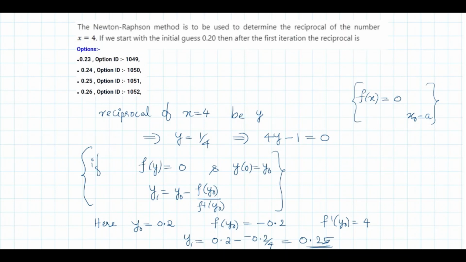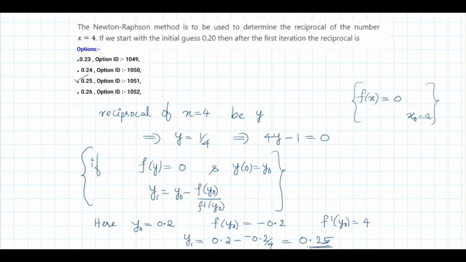Derivative f prime of y is 4. When you put y equal to 0.2, there is no y, so f prime of y naught is again 4. In this equation, y1 equals y naught, 0.2, minus f of y naught, which is minus 0.2. There is already a negative sign, that makes it plus, divided by 4. 0.2 divided by 4 is 0.05, so it is 0.25. After the first iteration, you will get 0.25.